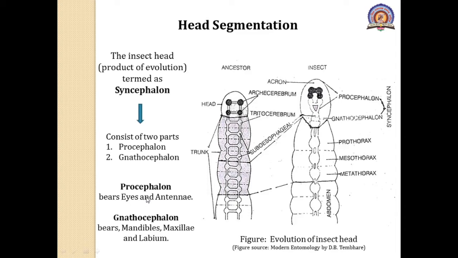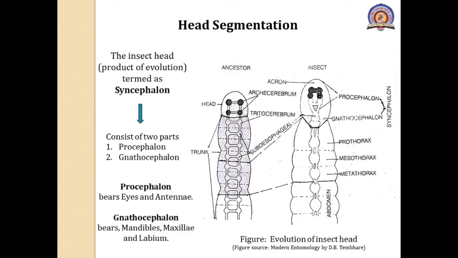Preoral in the sense that this is the region that occurs before the mouth opening. It bears two paired structures. Obviously these paired structures are the compound eyes and the antennae.